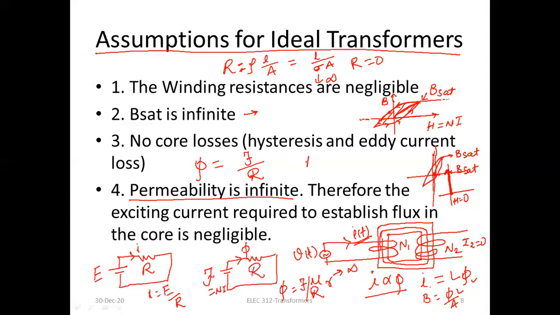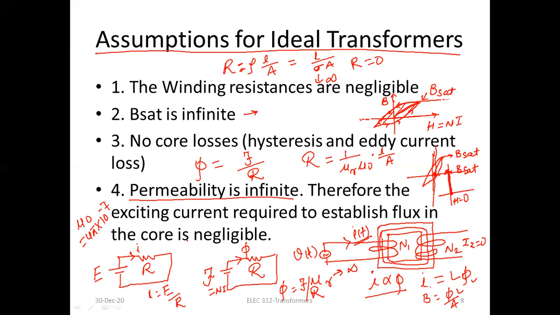The reluctance relation, which you have also studied, is 1 upon mu naught mu r times L by A. Here L is the length, A is the cross-sectional area, mu naught is the absolute permeability, equal to 4 pi into 10 to the power minus 7, and mu r is the relative permeability.